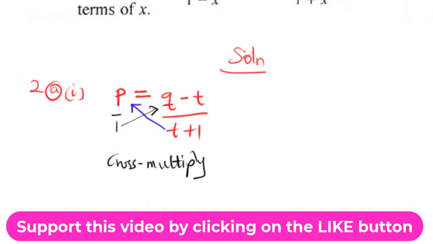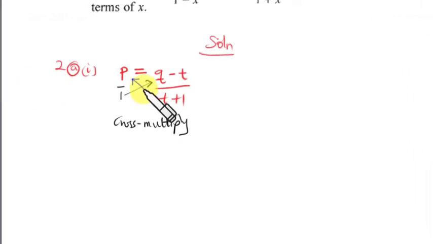So we're going to have P multiplying the whole of this, because we've got two terms here. I have to introduce a bracket to show that P is actually multiplying the whole of (T plus 1), equals 1 times (Q minus T), and 1 times (Q minus T) is just Q minus T. So this is what we have here.